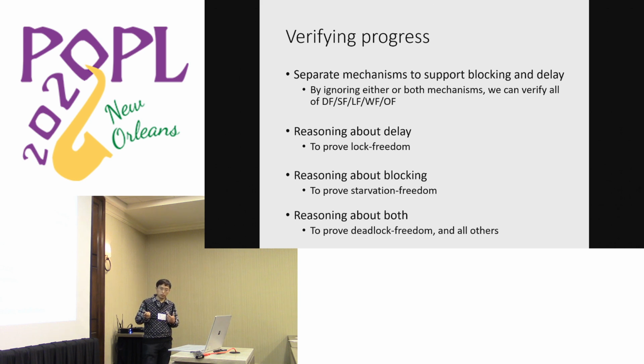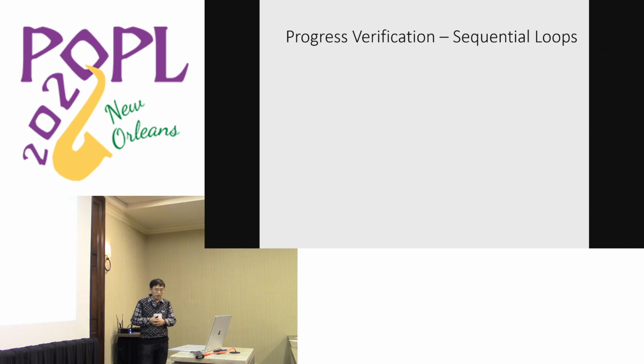This allows us to prove non-blocking algorithms like lock freedom or wait freedom. Then we just consider blocking without worrying about delay. This allows us to prove starvation freedom. And if we reason about both, the combination of delay and blocking, we could prove deadlock freedom and some other properties here. So let's first look at what we do with sequential verification for loops in sequential programs.